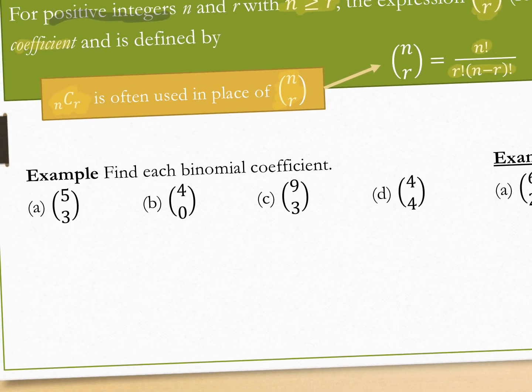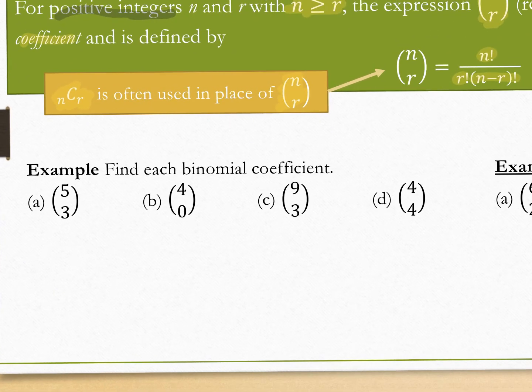we want to find the binomial coefficient for each of these. We know for 5 choose 3, that's 5 factorial over 3 factorial times 5 minus 3 factorial. This does end up giving you 10.